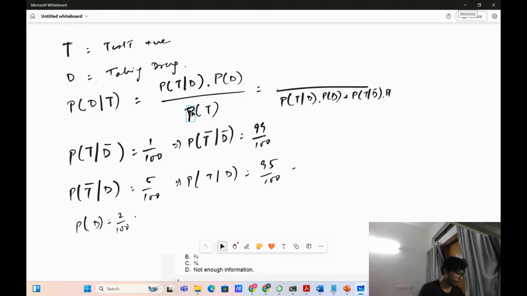Out of the people who tested positive, either they are taking the drug or they are not taking the drug. So we'll sum over both, right? And then you just put in the values, so then there is nothing left.